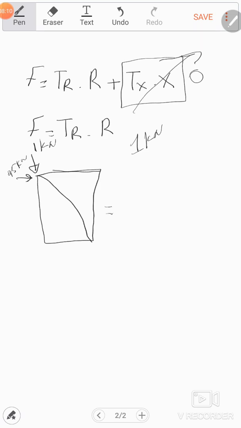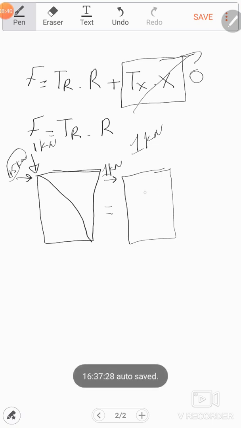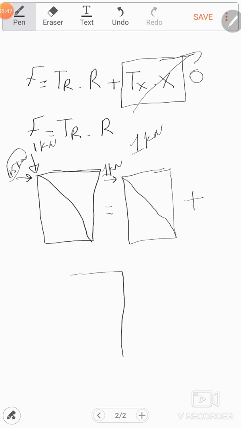That means our first shape is up to you. You should start with vertical or horizontal, up to you. Here I will draw this one. We have on the horizontal direction 0.5 kilonewton, so I will substitute or assume it equal to 1 kilonewton. And on the vertical direction, the same 1 kilonewton.